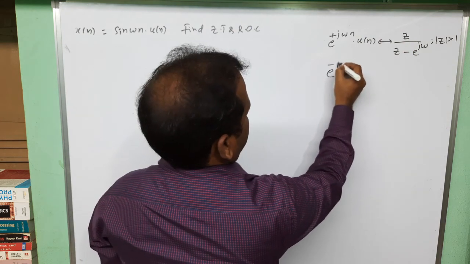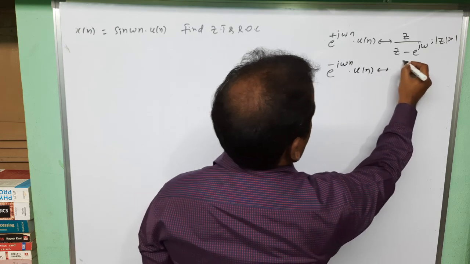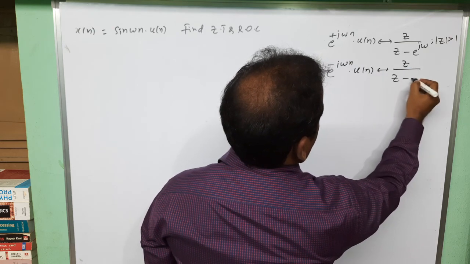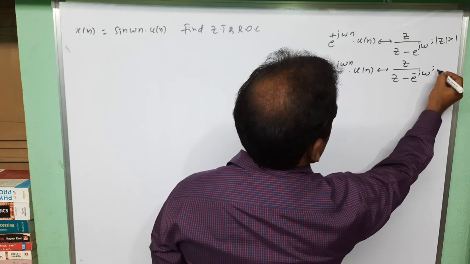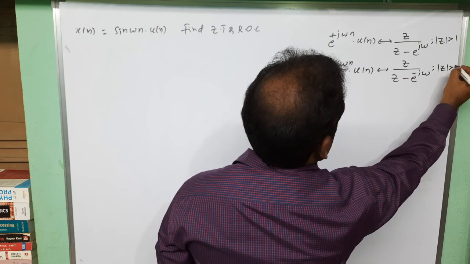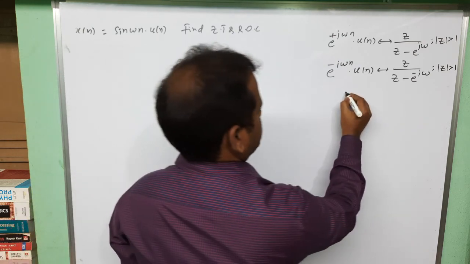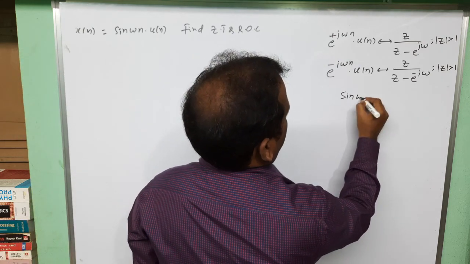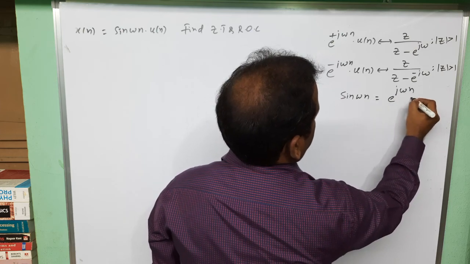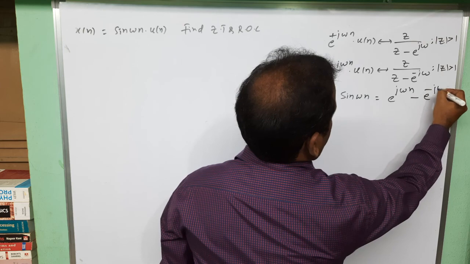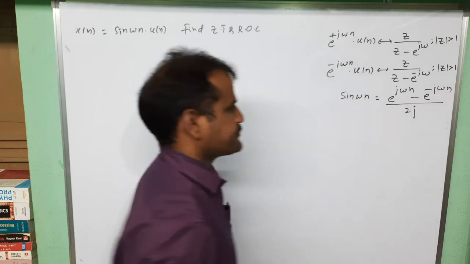Similarly, e to the power of minus j omega n u of n, z transform, we got z by z minus e to the power of minus j omega with ROC mod z greater than 1. Further, we need one more formula. Sin omega n can be written as e to the power of j omega n minus e to the power of minus j omega n divided by 2j.